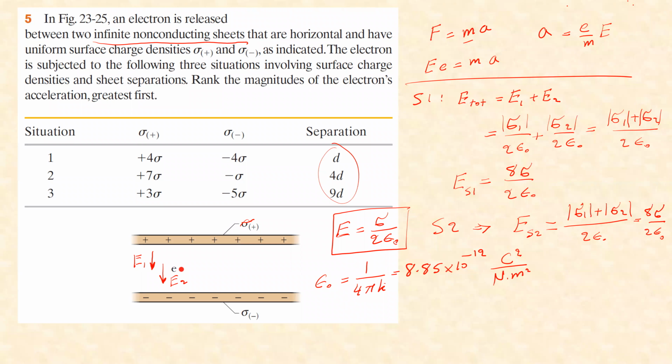And in the third one also, E3 is 8 sigma over 2 epsilon naught. So all of them have the same electric field and therefore the same acceleration for the electron. So the ranking is the same.